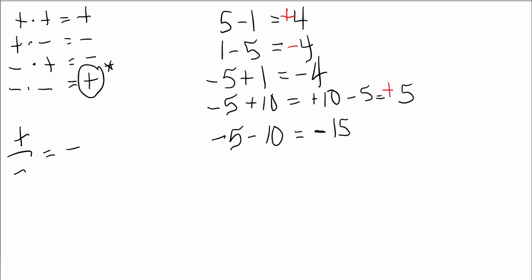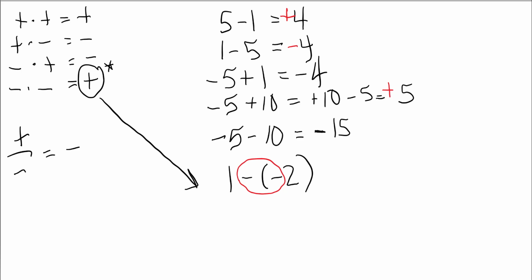And then using this, if you're doing 1 minus negative 2, then this is technically multiplication. It would be a negative times a negative is a positive, and therefore this would convert to be 1 plus 2, and your final answer would be 3.